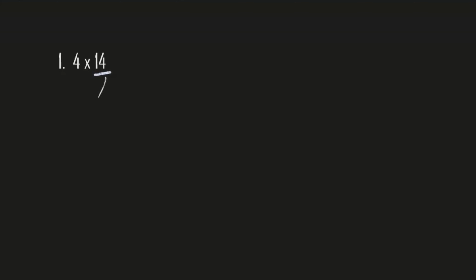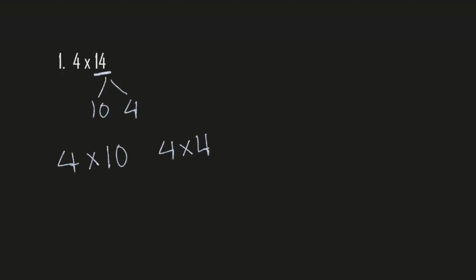This one is going to be 10, and this one is going to be 4. Now we're going to multiply them separately: 4 times 10 and 4 times 4. Well, obviously this is much easier than doing 4 times 14.